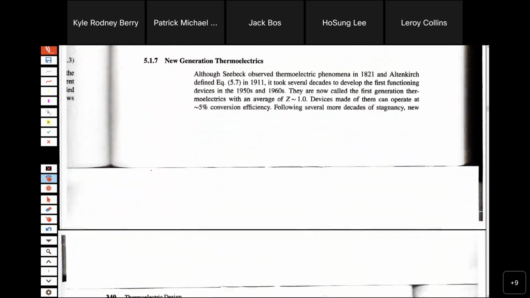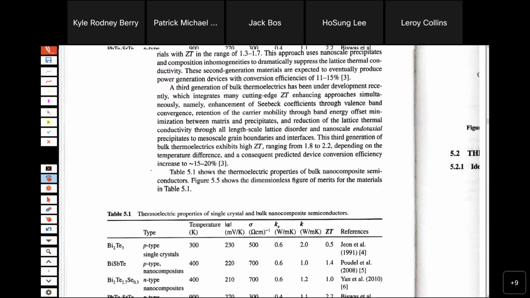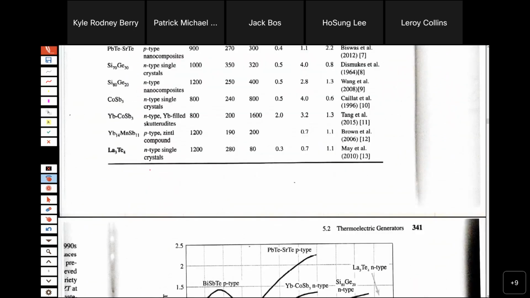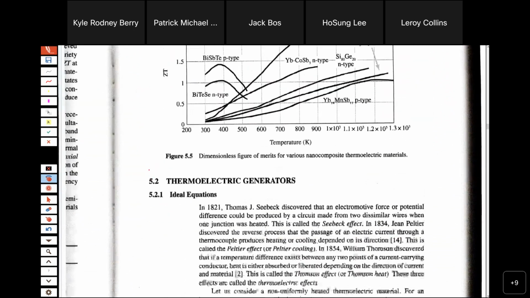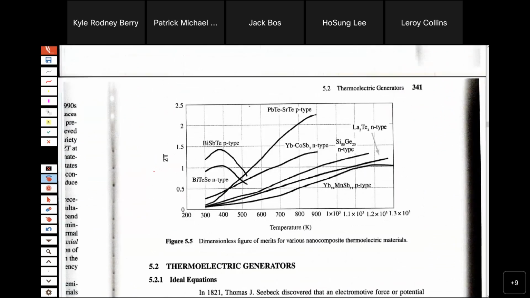And for the materials, there are a bunch of materials. Look at the temperature and the ZT value, and plot it. So this is mostly room temperature to 400: bismuth telluride, p-type and n-type, is the best, about one.